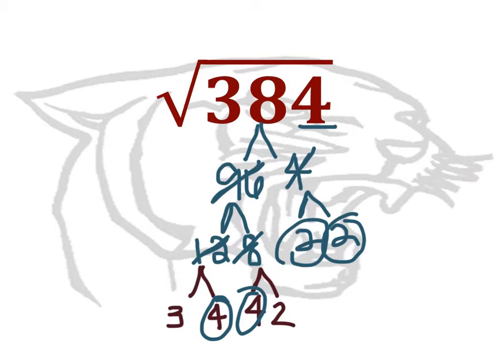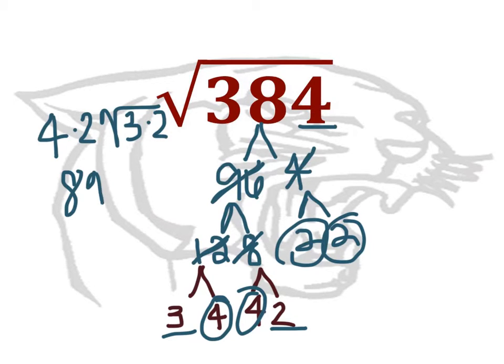So we have a 4 and a 2 on the outside, which is 8, because it's 4 times 2. And then our square root is 3 times 2, which will be the square root of 6. So your answer should be 8 square root of 6.